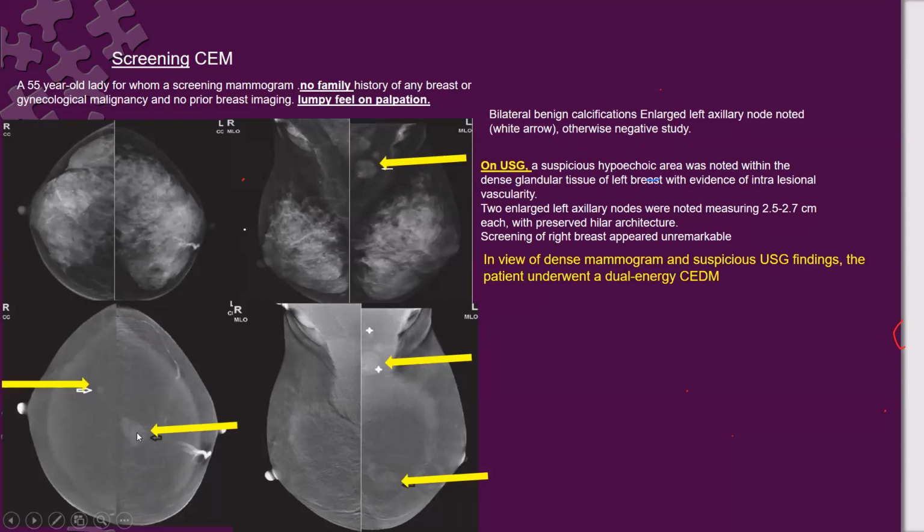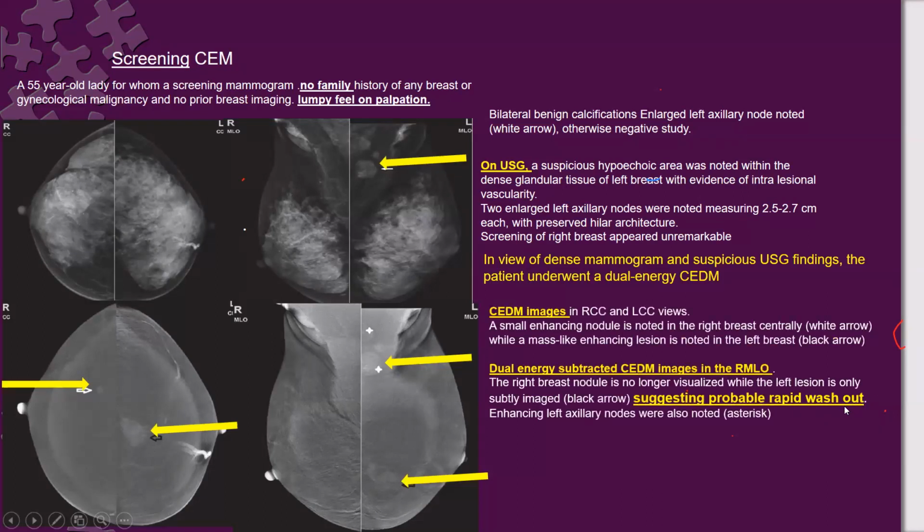the enhancing mass seen on ultrasound is also visualized on the CC view, as well as a small enhancing mass in the right CC, which was not well seen on the MLO, while the left breast mass becomes fainter.